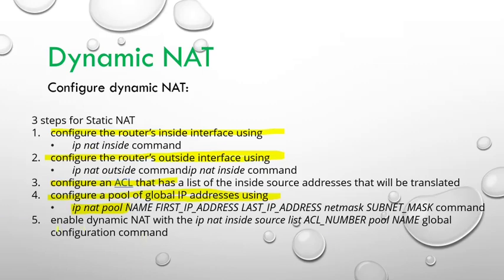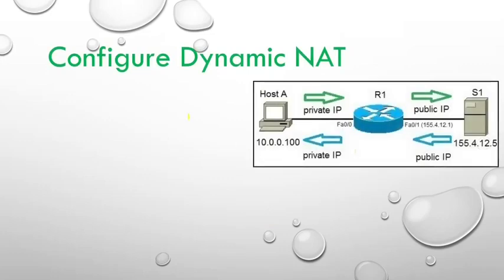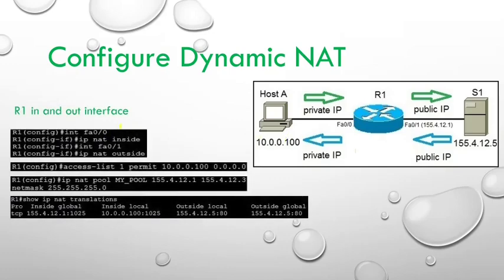Okay? And enable dynamic NAT with, of course, the command IP NAT inside source list, ACL number pool, ACL number, then the full name of the global configuration. Okay? So, say for example, host A to a server 1. No? So, fast Ethernet 0/0 in your R1 and fast Ethernet 0/1 again in your router 1.